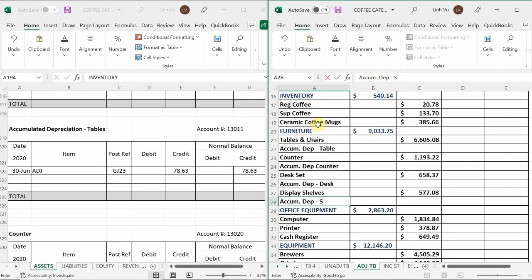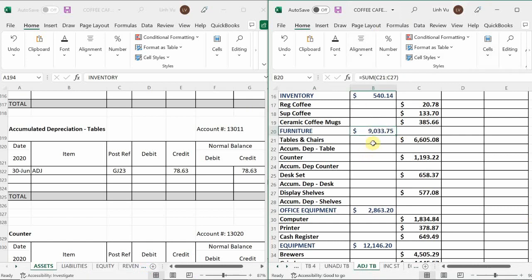And then since this affects the total value, because these are my contra accounts, I'm not going to take it away from the furniture account itself. It's actually going to decrease the value of my tables and chairs and all my furniture items. But we're going to have to calculate that in our formula right here for furniture.